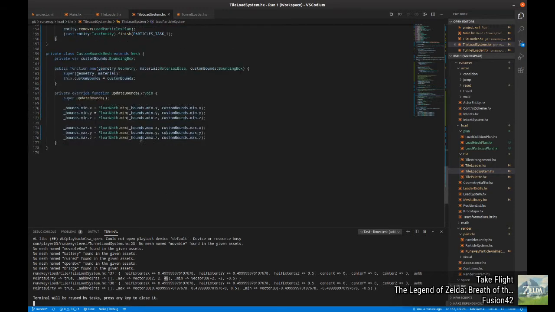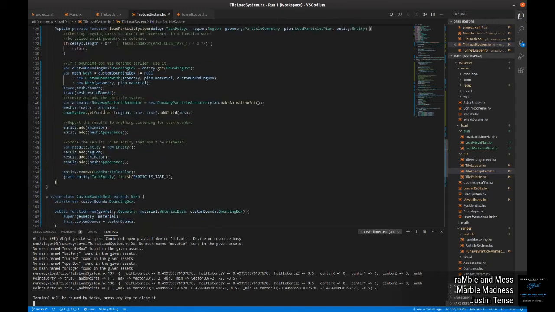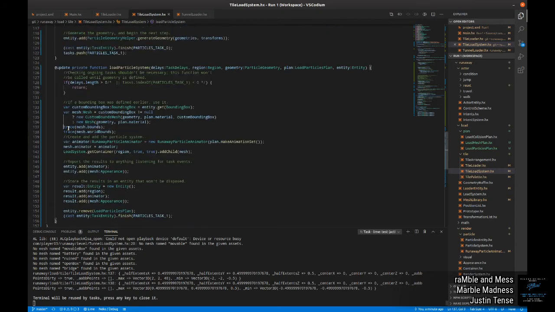And I have some custom code that calculated the length of the tunnel and entered it here with the hopes that it would render all the way up to 48, but it's not. And I think the important thing is I printed out two different bounding boxes. One is the local boundaries and the other is the world boundaries. And to make a long story short, the world boundaries are the ones that actually get used.